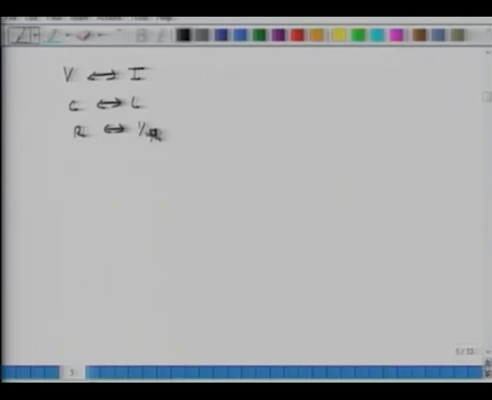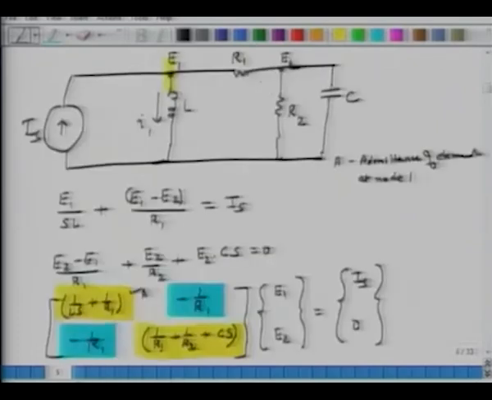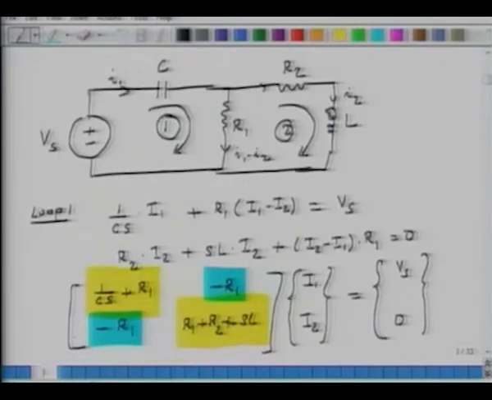Right. Elements which are in series, they go in parallel. Elements which are in parallel, they go into series, like R1 and R2, and then you see here, R1 goes in parallel to R2, and so on and so forth.